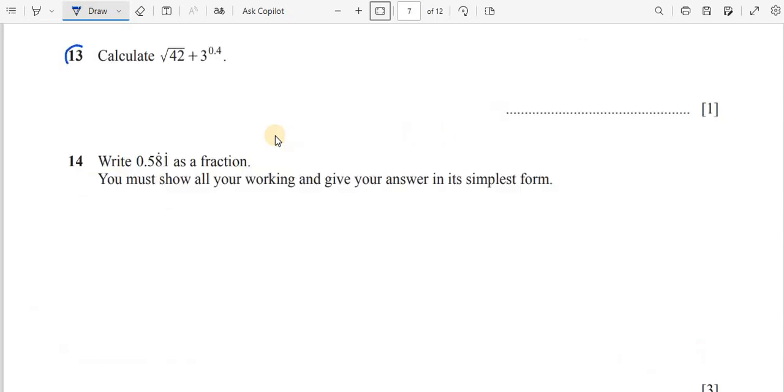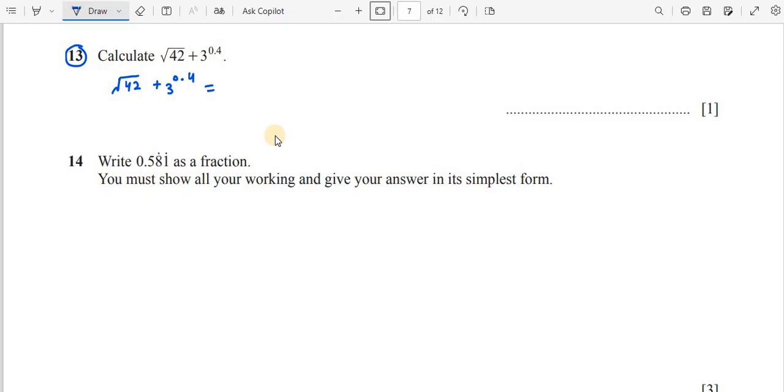Question number 13. Calculate square root 42 plus 3 raised to the power 0.4. So we write square root 42 plus 3 raised to the power 0.4.